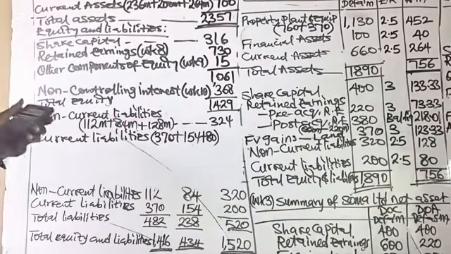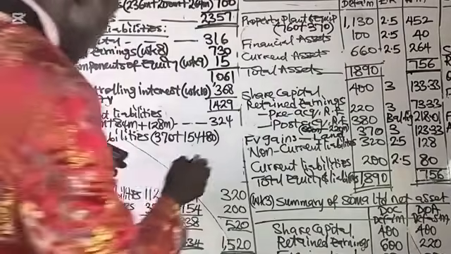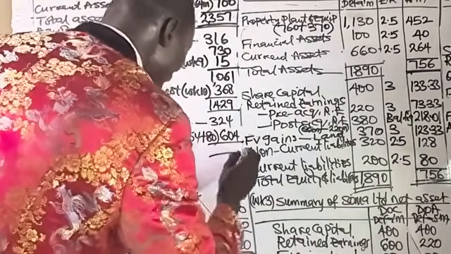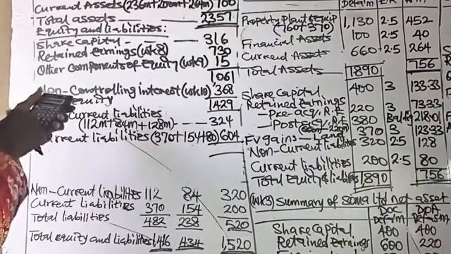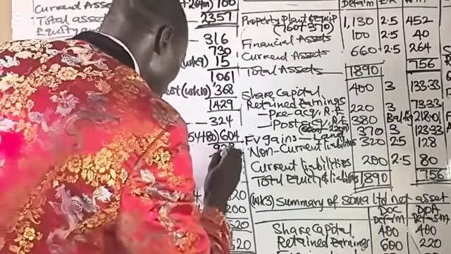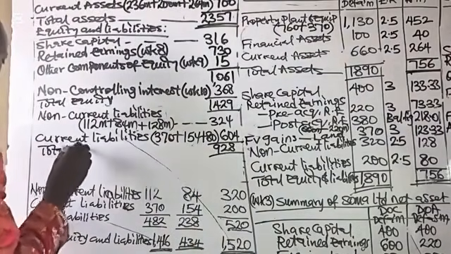Now if you sum them up, 370 plus 154 plus 80, that is a total of 604. Then if you add the non-current and the current, we have 928 as the total liabilities.